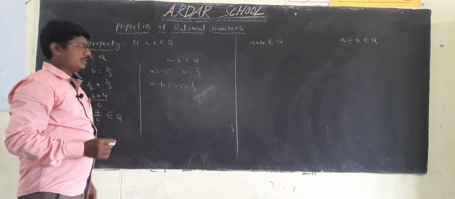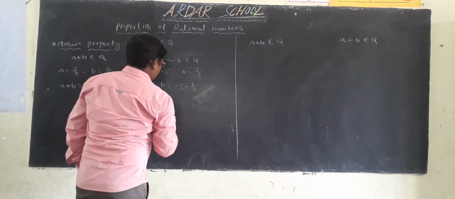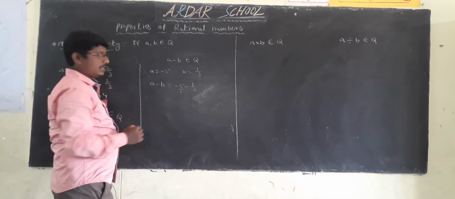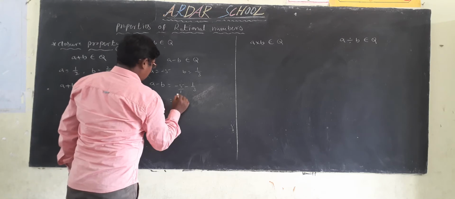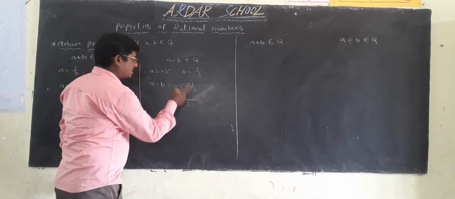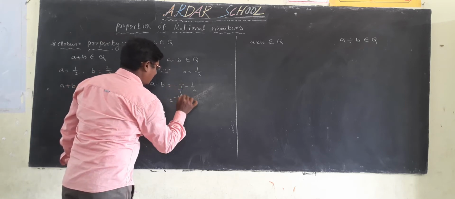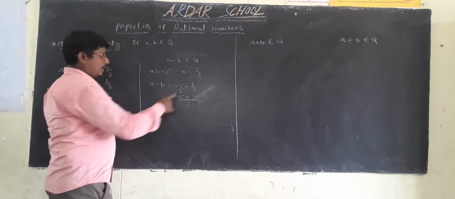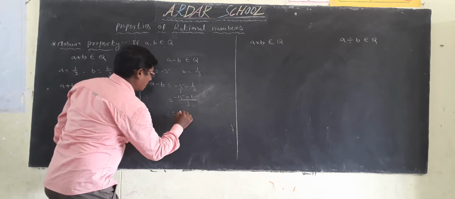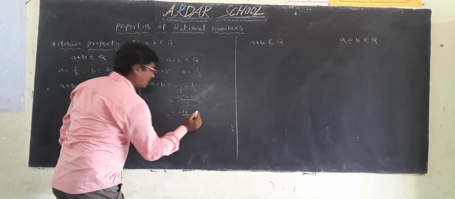Minus 5 can be written as minus 5 by 1. Here the LCM of 1 and 3 is 3. 1 three is 3, 5 threes are 15, minus 15 minus 1 into 1, 1. So that is equal to minus 16 by 3.